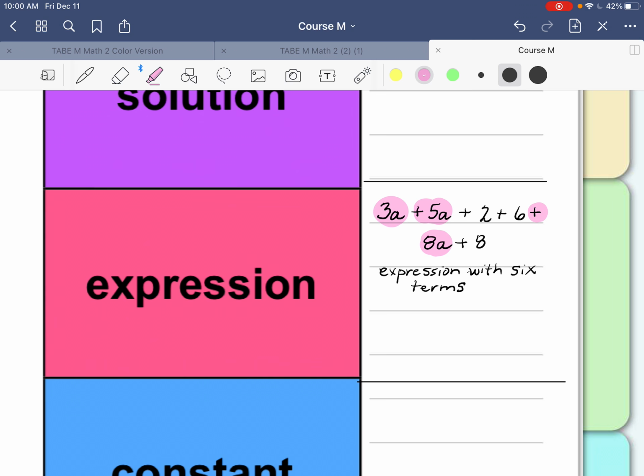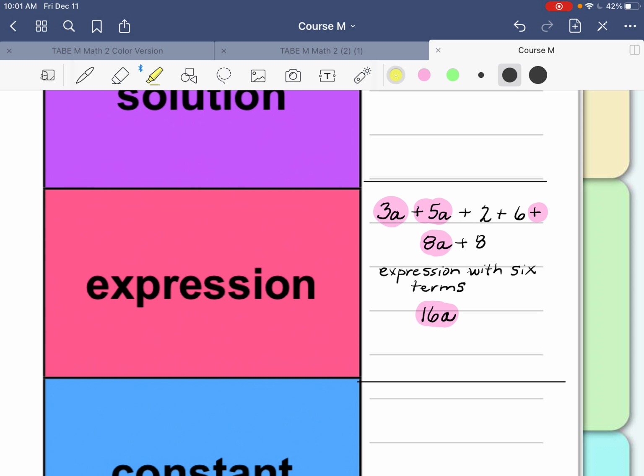And I'm going to assume in this expression that those a's stand for apples. So if I have 3 apples plus 5 apples plus 8 apples, how many apples do I have? 3 plus 5 is 8, plus 8 more is 16. So I have 16 apples in total.